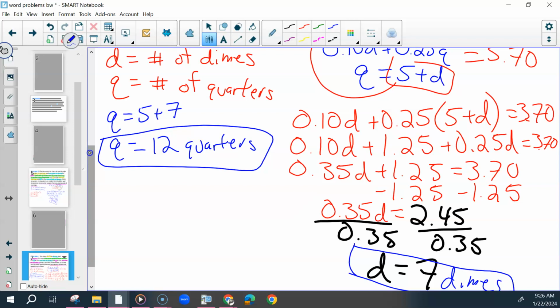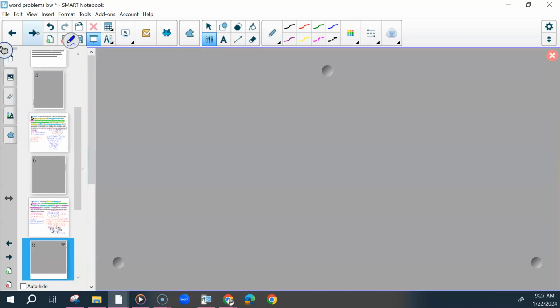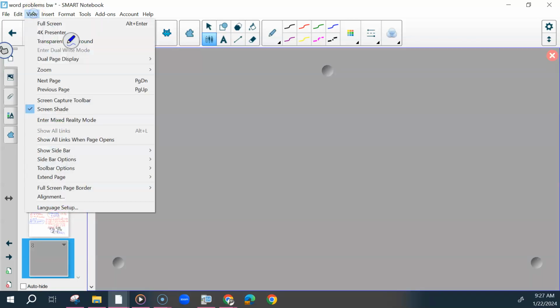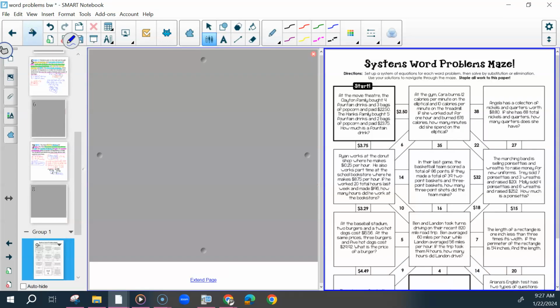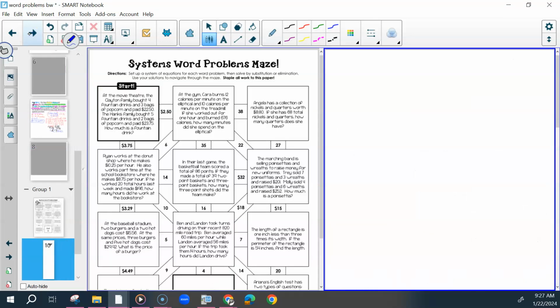So we're going to start the maze. We're not going to get through a lot of it, but you will need another sheet of paper to do your work on. So I would grab extra scrap paper. We're going to start at the first one.